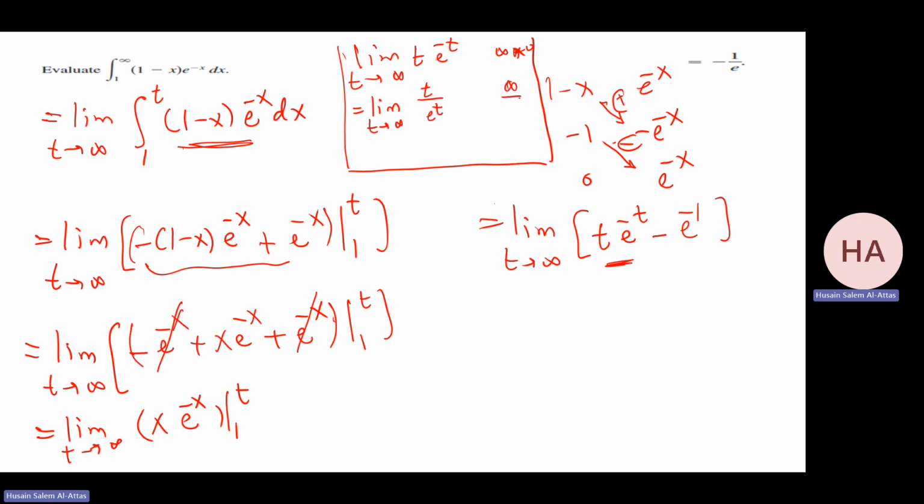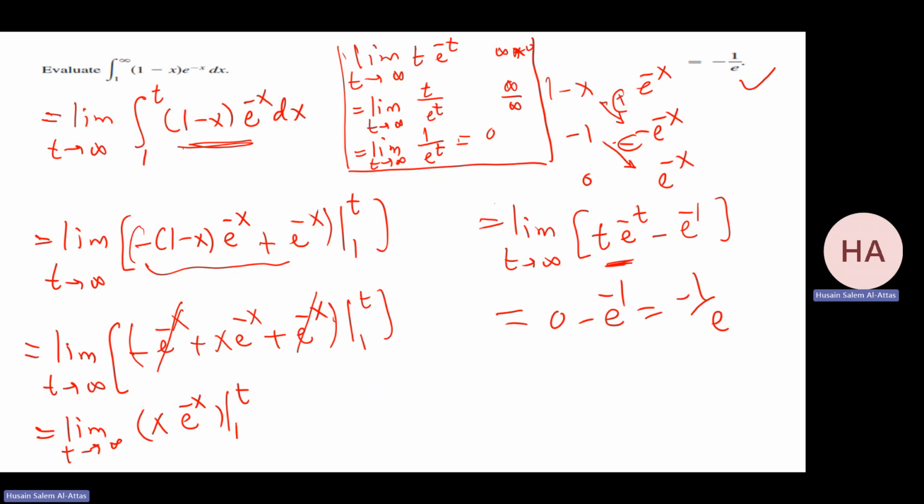And that is what? Infinity over infinity. So do L'Hopital's rule. Differentiate, 1 over e to the power t. So what are you getting? 0. So this is 0 minus e to the minus 1. So the answer is minus 1 over e, which is this one.